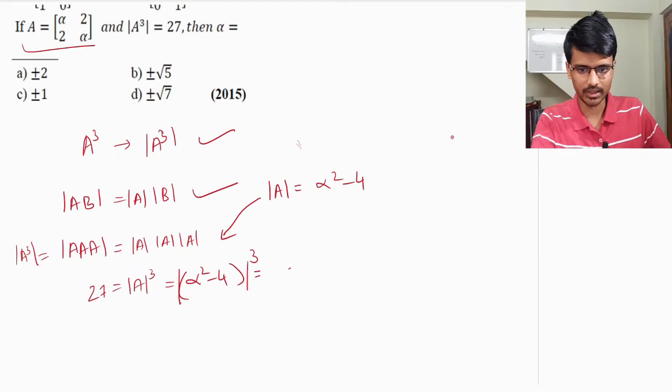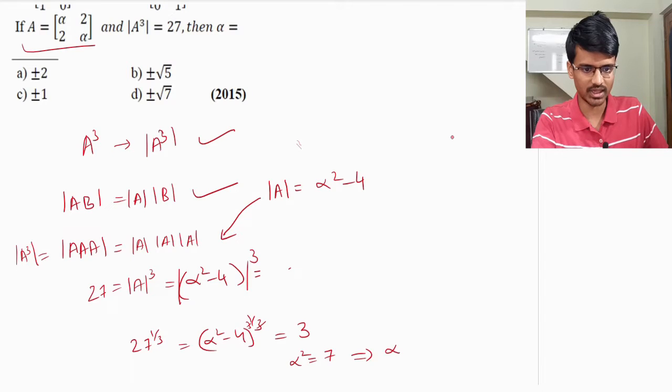Now taking a cube root on both sides, 27 to the power 1 by 3, alpha square minus 4 to the power 1 by 3. What do I get? I get 3, right? So alpha square minus 4 is equal to 3, alpha square is equal to 7. This means alpha is equal to plus or minus root 7. So our correct answer is option D.